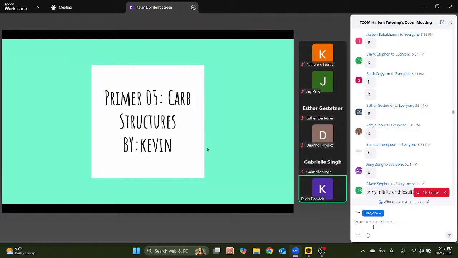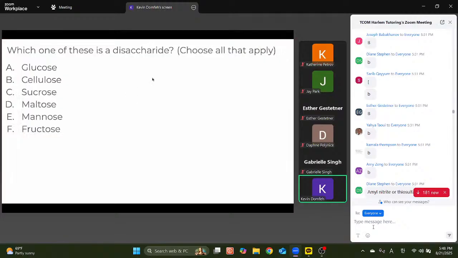Okay, let's go through carb structures. This is to pick at your brains a little bit. So don't be anxious if you're confused.